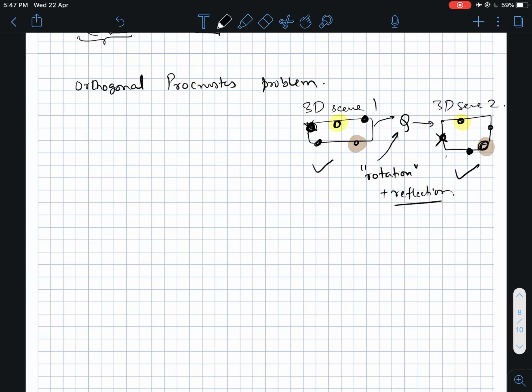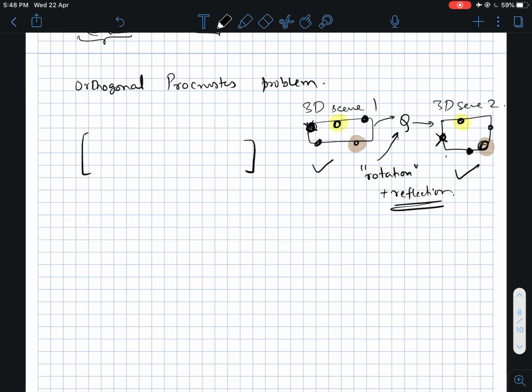Orthogonal matrices can correspond to rotation plus a reflection usually. Here you may not have reflection, you only have rotation, but for simplicity, let's assume it's a general orthogonal matrix that could possibly be a reflection also. You can generalize whatever we are going to discuss even to the situation where you only have rotation.